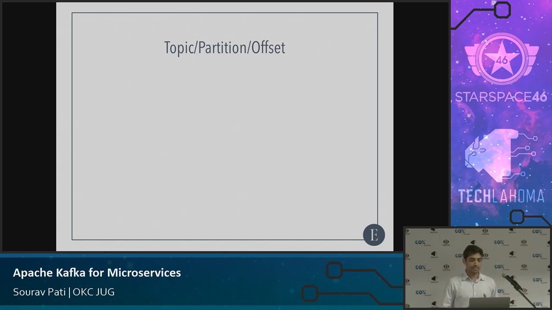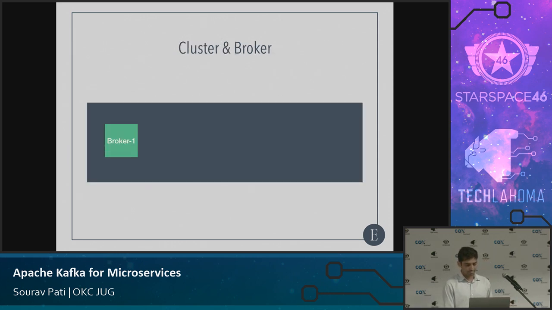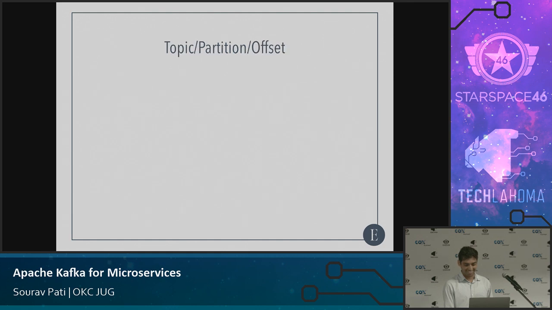Now, other things that they have are topic, partition, and offsets, right? Topic is a logical name, a logical namespace under the hood. The easiest way to think of a topic is like a database table.